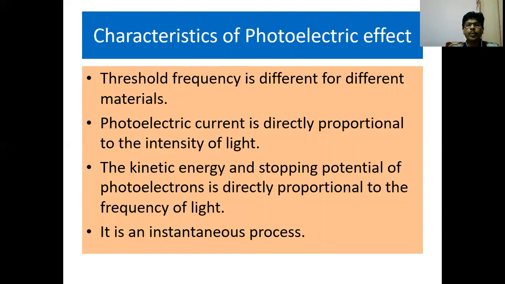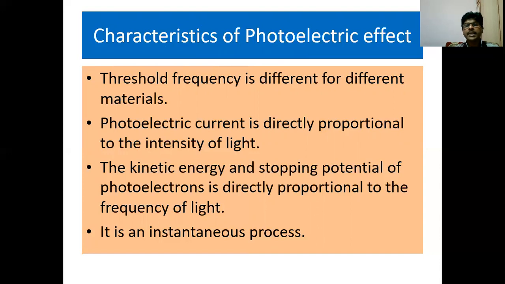Next, photoelectric current is directly proportional to the intensity of light. So, as the intensity of light increases, photoelectric current will also increase. Thirdly, the kinetic energy and stopping potential of photoelectrons is directly proportional to the frequency of light.